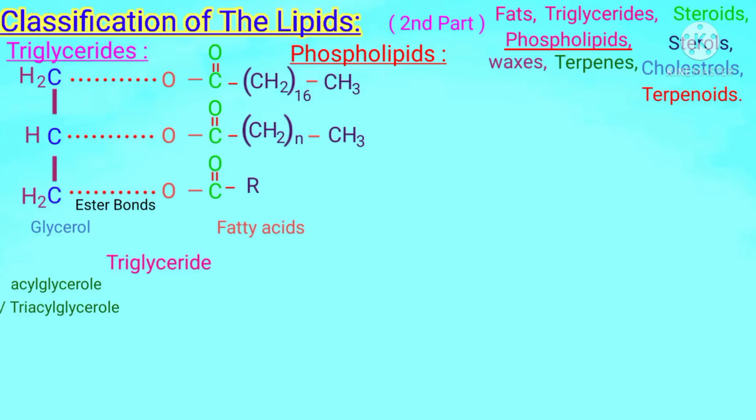How? Let's see. Dear students, phospholipid is a very famous lipid present in the cell membrane, because in the cell membrane a very special type of lipid, a very special type of fat, is present, that is phospholipid, which plays a very important role in the stability of a cell, in the maintenance of a cell, and performs very unique functions for the cells.